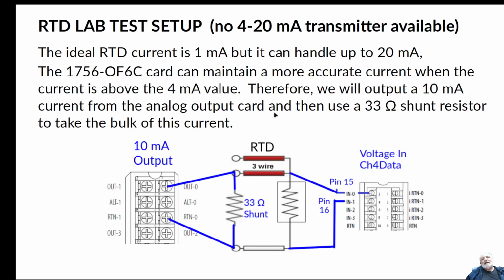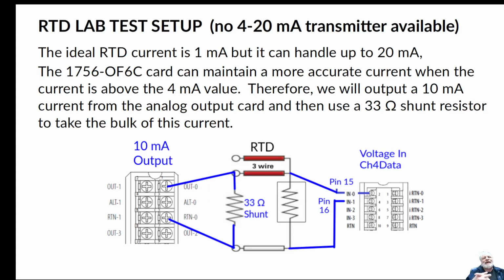Now, for us in class, we're going to use a 3-wire RTD, but we're only going to use 2 wires. The RTD would like to have 1 milliamp in it, but we don't have one of those transmitters. So we're going to use our analog output card to drive 10 milliamps, but we don't want all 10 milliamps to go through the RTD.